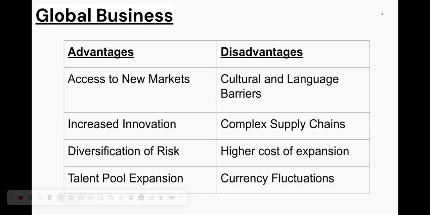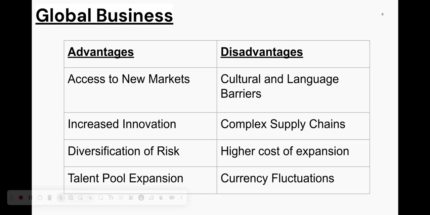Next is currency fluctuations, and all this means is pretty simple. Though this is less drastic, it's still something that happens a lot. It's basically when the currency conversion fluctuates from time to time.